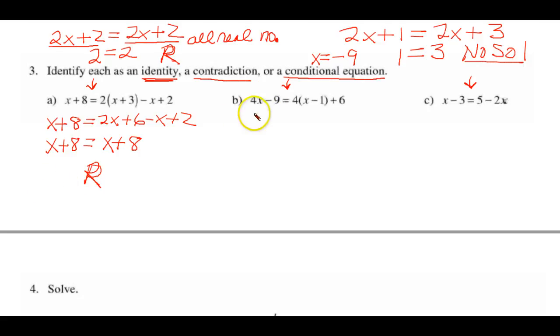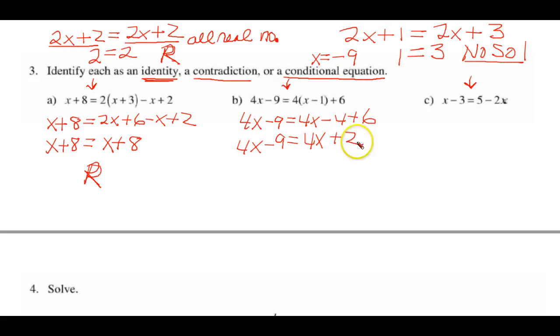All right, let's check this one out. 4x minus 9 equals 4x minus 4 plus 6. So I'm grouping like terms. 4x minus 9 equals 4x plus 2.